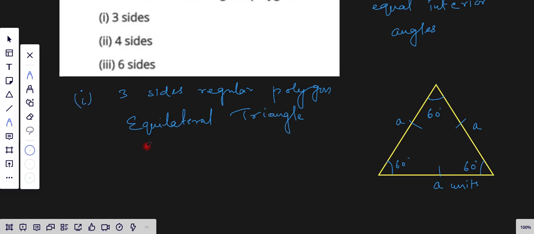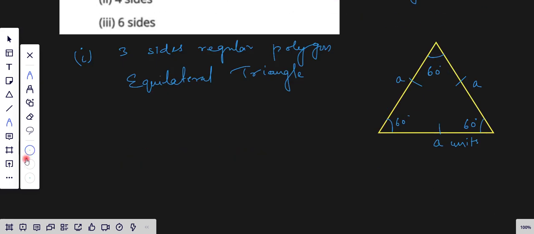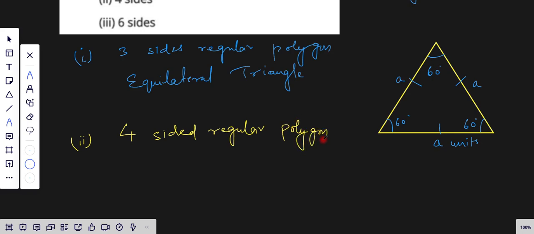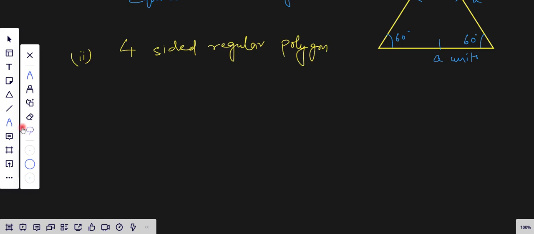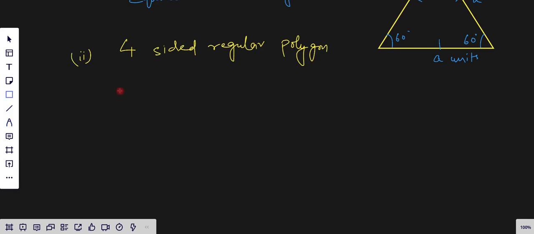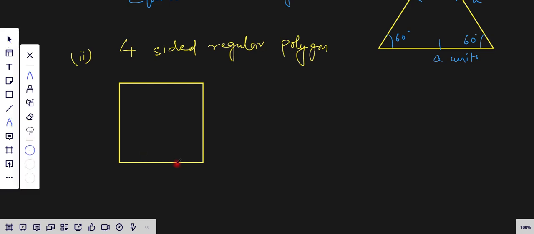Then the four-sided regular polygon. Now let's take the next example. The best example for it is a square, where all sides are equal.